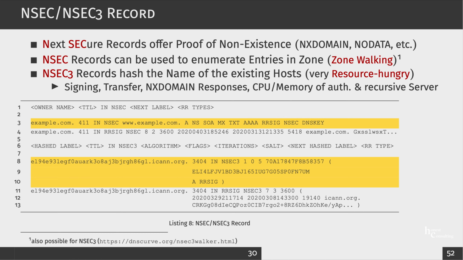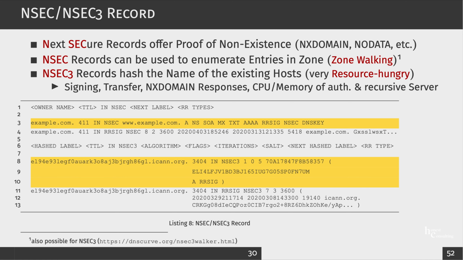And there are two possibilities to do this. There is NSEC and there is NSEC3. NSEC means that you are sorting your entire DNS zone, and for every single DNS record you create an NSEC record, which means what is the next record that comes right after this.